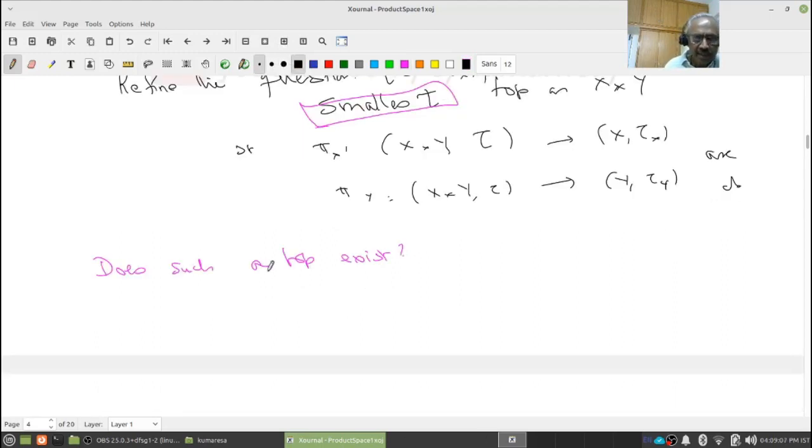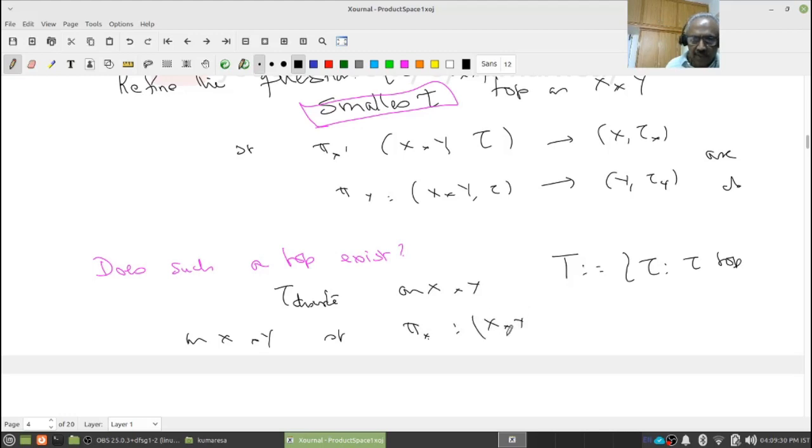What is the answer? Because remember, there already exists the discrete topology on X × Y which makes this continuous. Therefore, if T is the collection of all topologies τ on X × Y so that π_X from X × Y to (X, τ_X), and similarly π_Y from X × Y to (Y, τ_Y), are continuous, this set is non-empty because the discrete topology belongs to it.